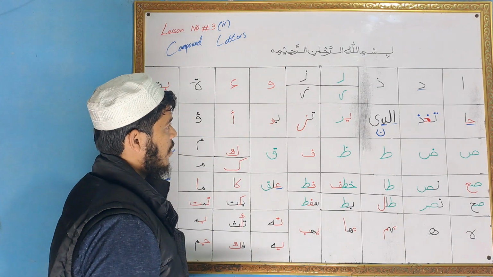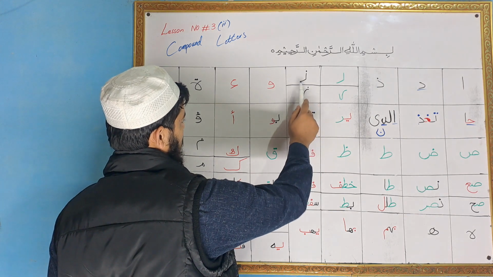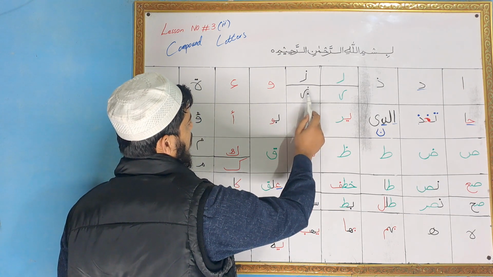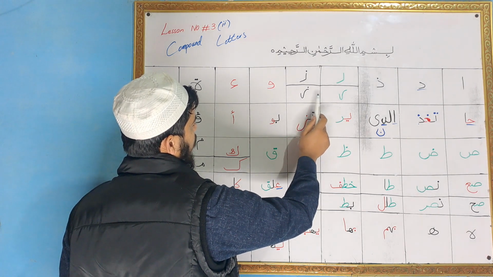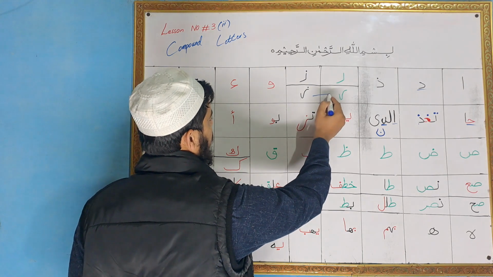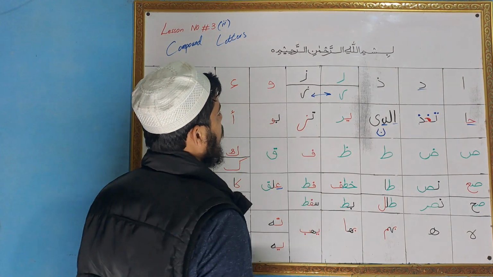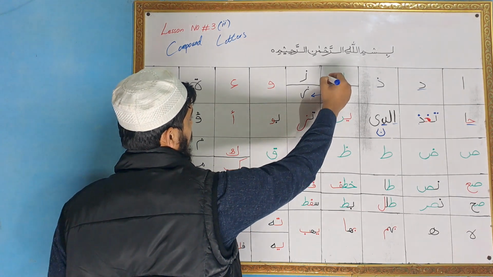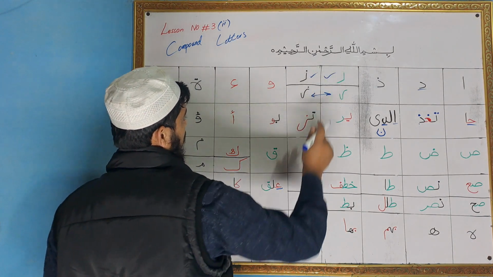Now we move to the letters ra and za. So we discussed this shape of ra and za, these two shapes in the alphabets, and this is the same letter ra with a different shape.